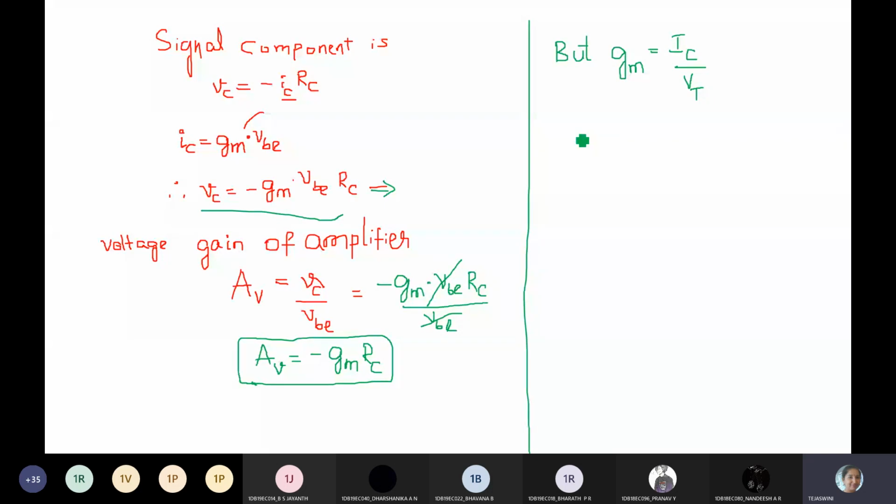So therefore AV becomes minus IC by VT into RC.